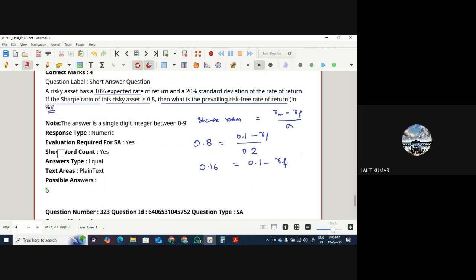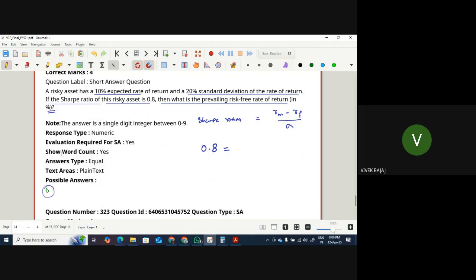Is this formula correct? Yes, everything is correct, the formula is correct, the answer would be 0.06, but your risk-free rate is actually a negative figure. It's going to be minus 6%.